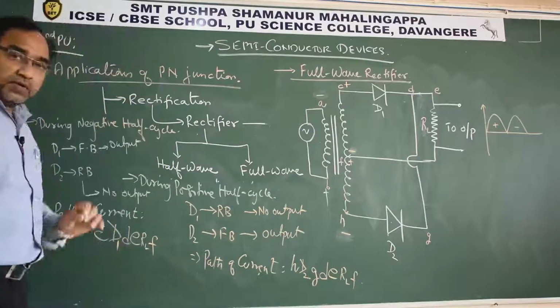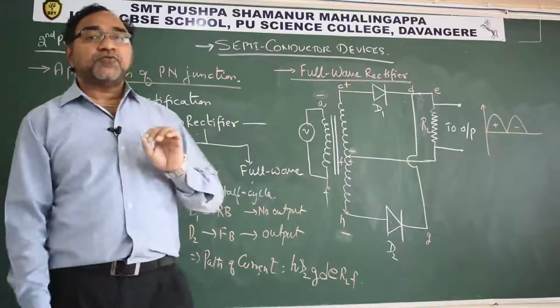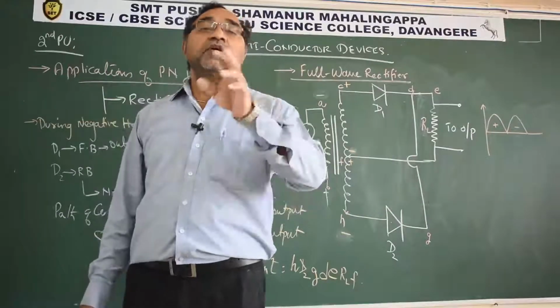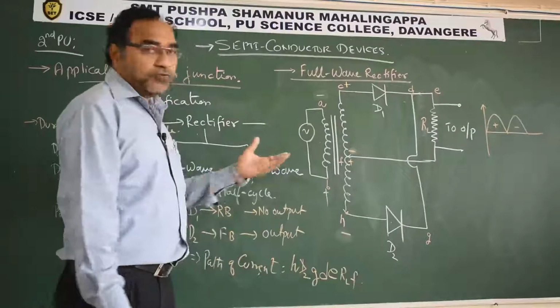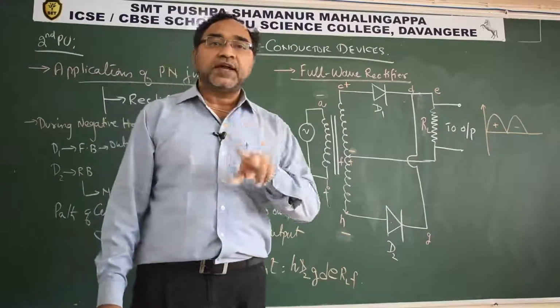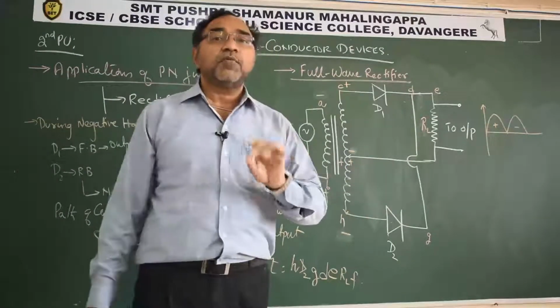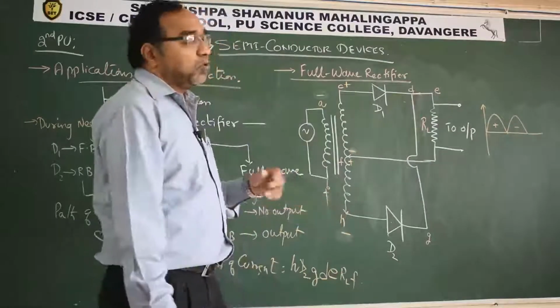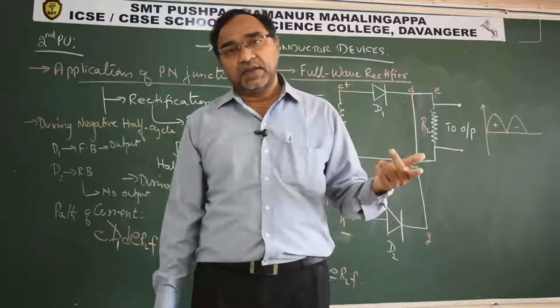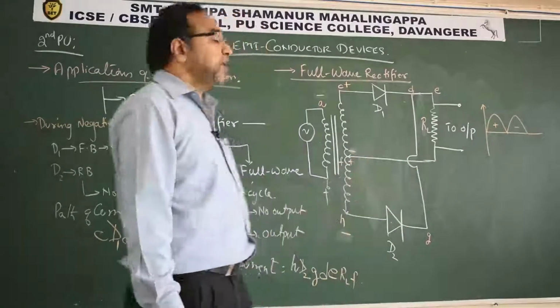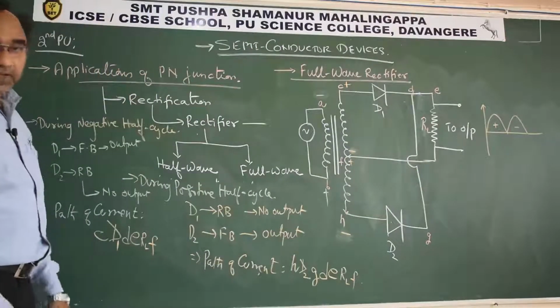Students, you might get this type of question: explain full wave rectification or half wave rectification. You are supposed to write explicitly two different diagrams when you are considering the positive lobe and the negative lobe. Don't try to overwrite on the same circuit signs and polarities. It will create trouble in understanding for the examiner.